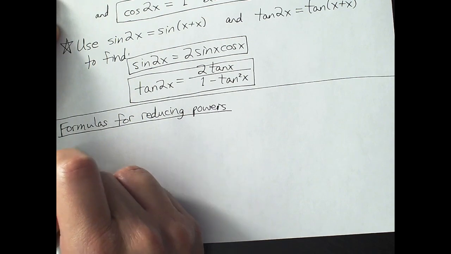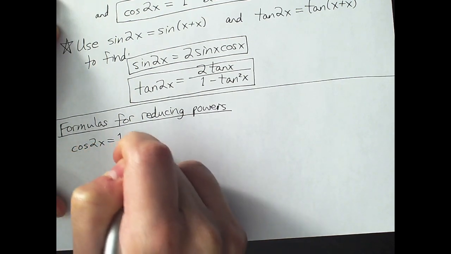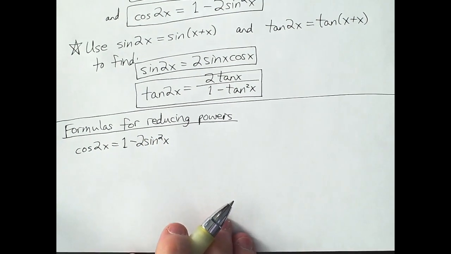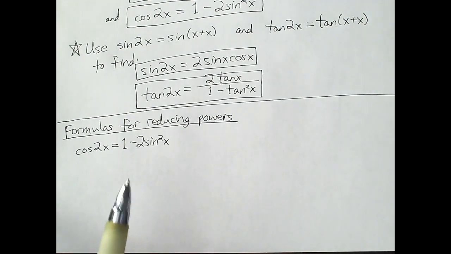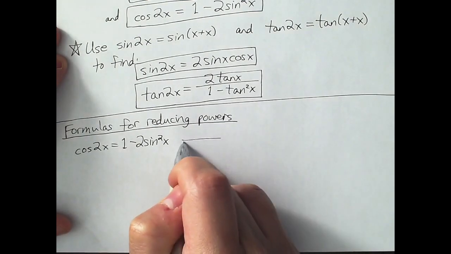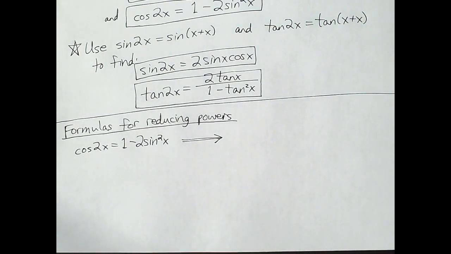So let's take something that we wrote above. We wrote that above. That's not a formula for reducing powers. I want to be clear. This is just us starting from something. What I put a box around is going to be a formula for reducing powers.